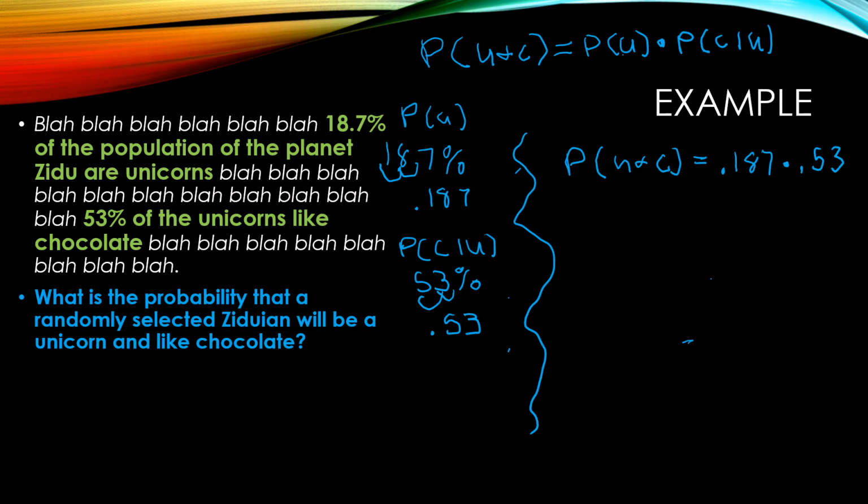And when we put this all into our calculator, we get 0.099. And we need to change this back into a percent. And so we move the decimal place 2 places to the right or multiply by 100, giving us 9.9%.